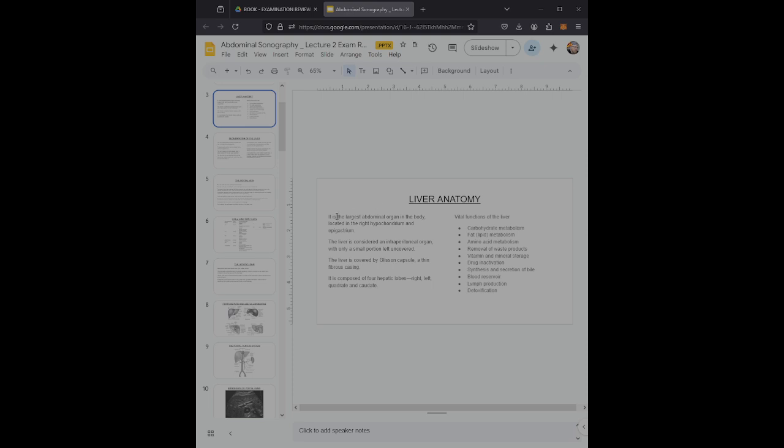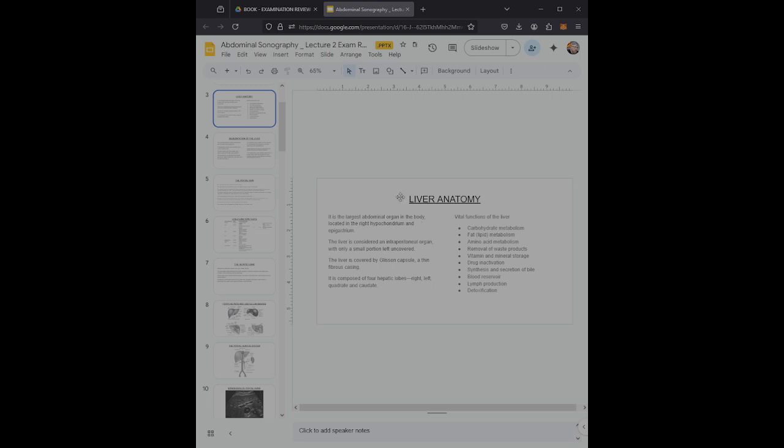So first and foremost, the liver is the largest abdominal organ in the body, and the majority of its bulk is the right lobe. The liver is located in the right upper quadrant, but the left lobe can extend into the epigastrium.